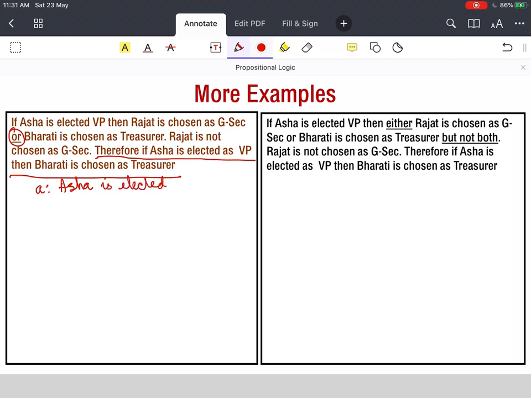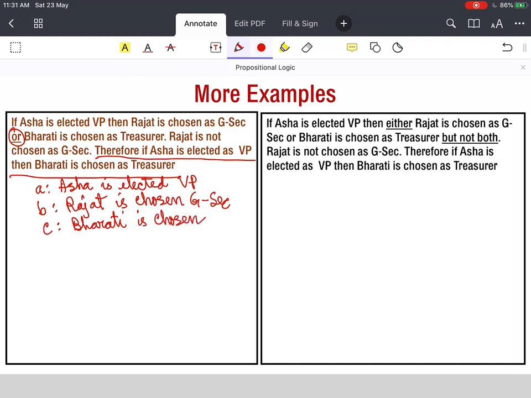A is for Asha is elected VP. B is for Rajat is chosen GSEC, and C is for Bharati is chosen treasurer.